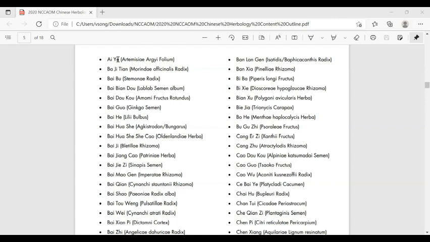It can also be used topically to eliminate dampness, because it's aromatic, transforms damp, and stops itching. So it can be decocted and made into an herbal bath or herbal wash. So this is the first herb, 艾叶.